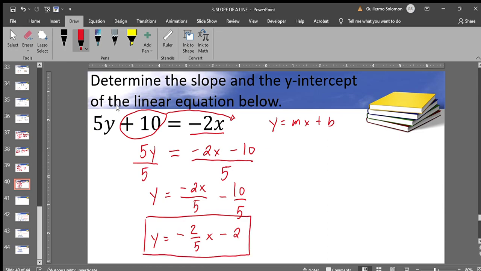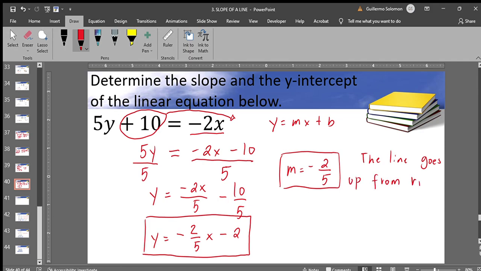Identify our slope. Our m here is negative 2/5. Since we have a negative value of slope, the line goes up from right to left.